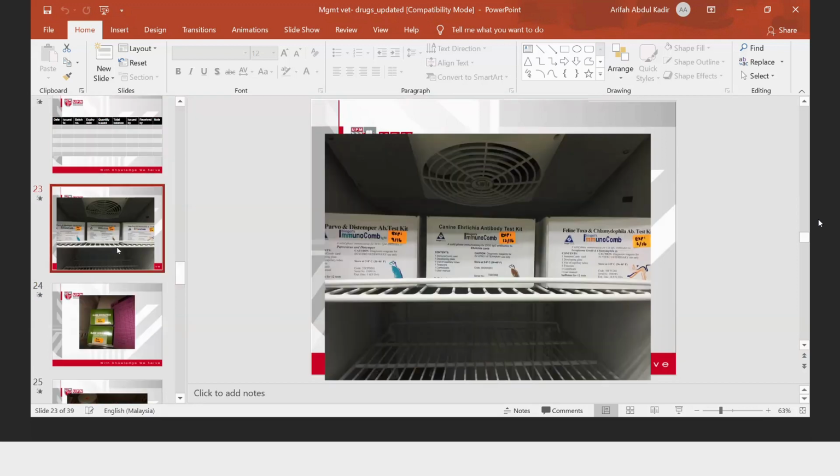Okay, so talking about the expiry dates. Usually in the pharmacy, the assistant pharmacist will check every month to look at the expiry date. Drugs that will expire within 6 months, she will put a bright color sticker on the product or drug, so that it's obvious.